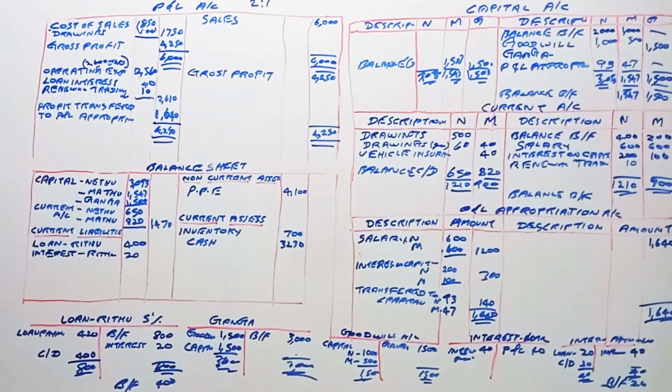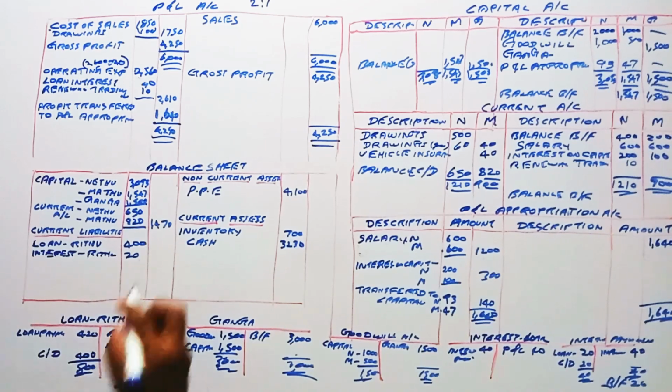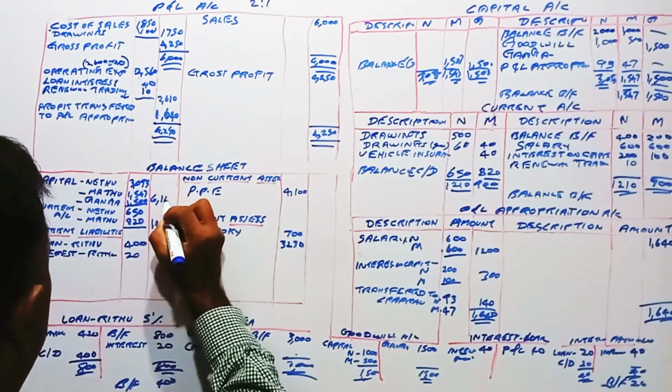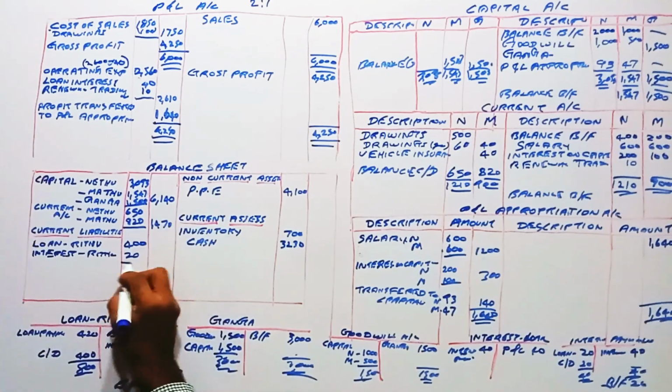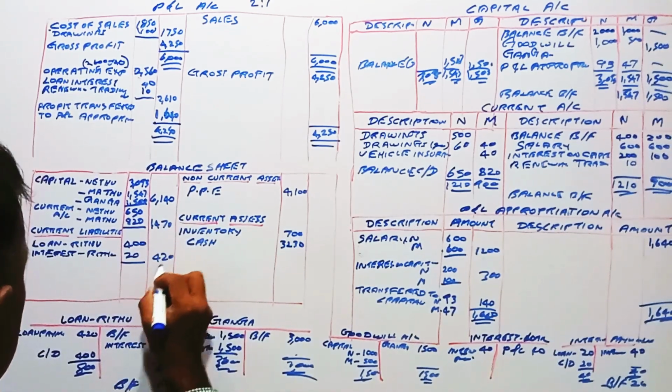So say 3,093,000 plus 1,547,000 plus 1,500,000, then 6,140,000, right? This is 420.